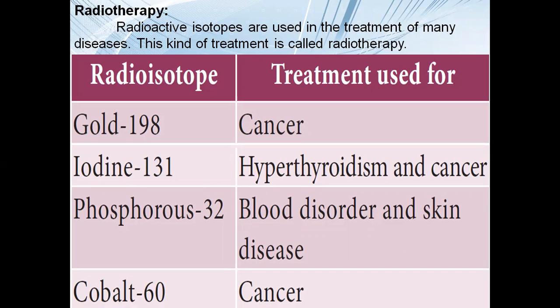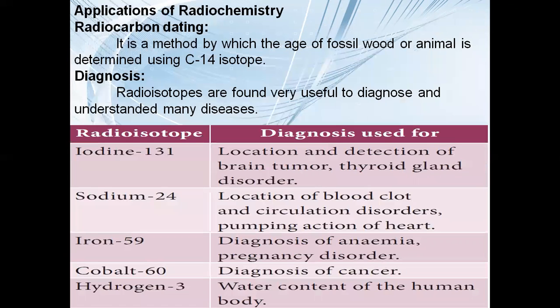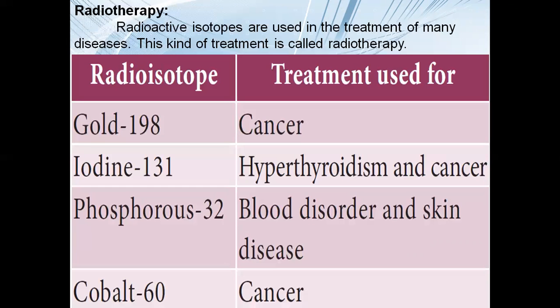Many diseases radioisotopes ட்ரீட்மெண்ட்டுக்கு யூஸ்ஃபுல்லாக இருக்குது, ஓகேவா அதை நம்ம ரேடியோ தெரப்பி சொல்கிறோம். ஸோ விச் ரேடியோ ஐசோடோப் இஸ் யூஸ்ட் இன் தி ட்ரீட்மெண்ட், தி ஃபர்ஸ்ட் ஒன் இஸ் கோல்ட் 198, ட்ரீட்மெண்ட் யூஸ்டு ஃபார் கேன்சர். ஓகே பட் டயக்னோஸ் பண்ணுறதுக்கு நம்ம யூஸ் பண்ணுறோம் கோபால்ட் 60. ஓகே.